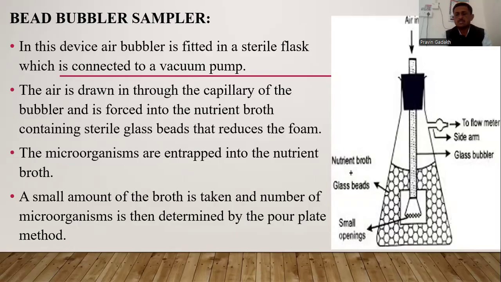In the diagram, you can see the bead bubbler sampler. In these devices, the air bubbler is fitted in a sterile flask which is connected to the vacuum pump. In the diagram we can see the flask, which is already sterile, and in it we fit, by means of a rubber cork, an air bubbler through which we forcefully enter the air so that it gets mixed into the nutrient media available at the bottom of that conical flask.